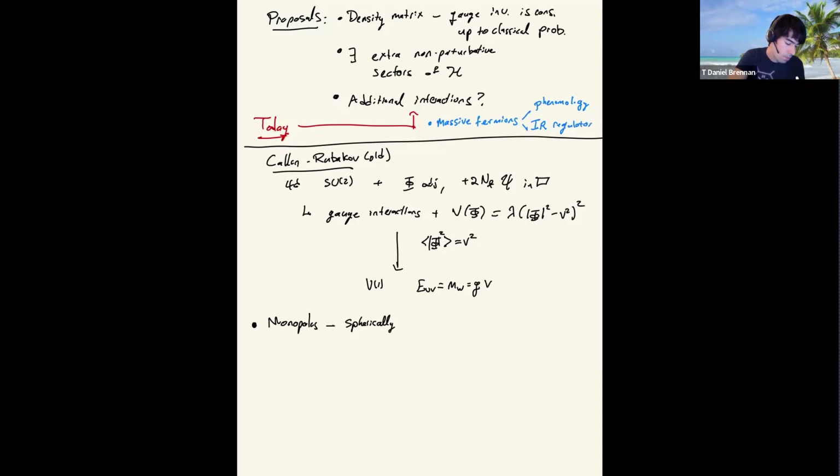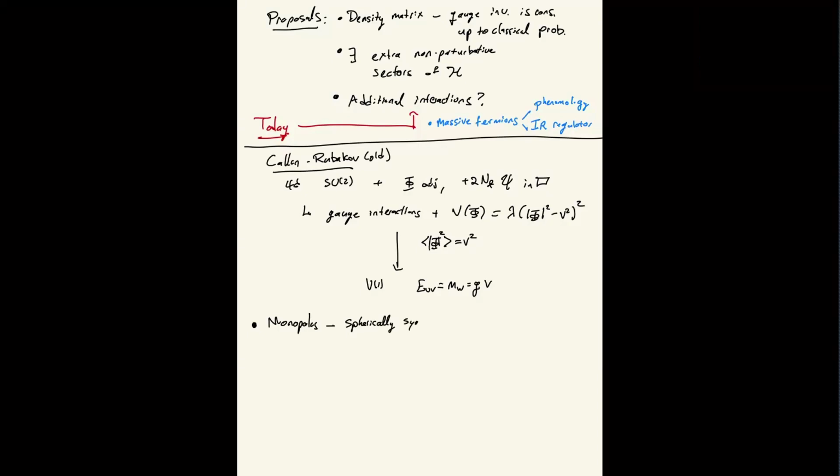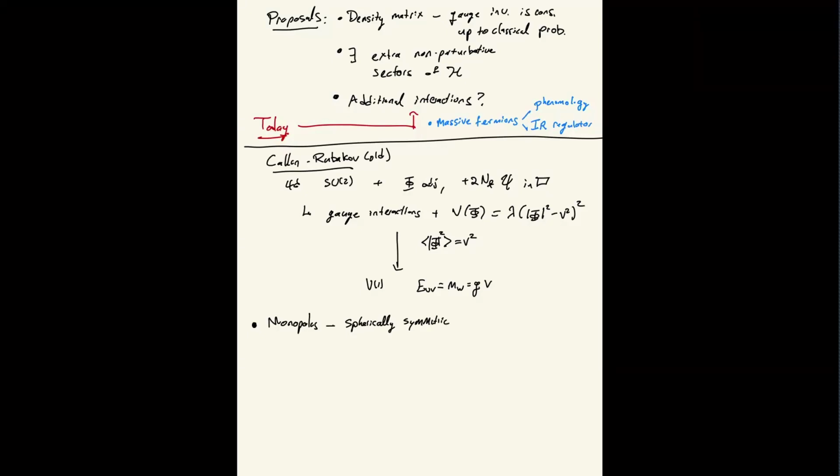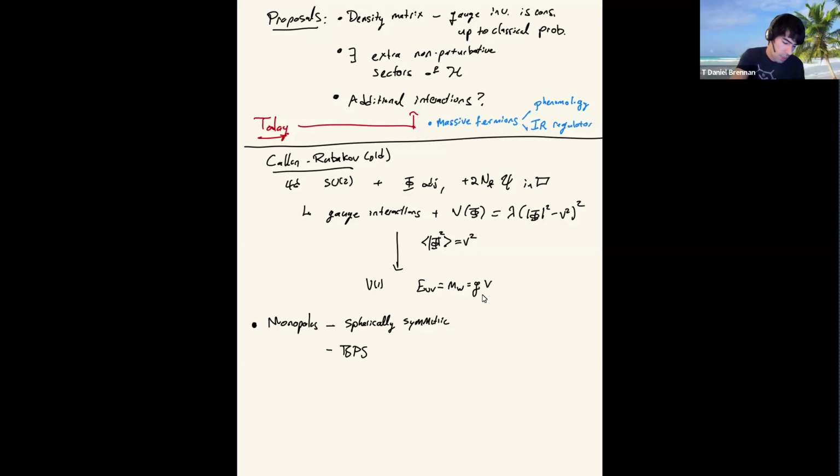And BPS. Could I ask a few basic questions? Yes, please. There's a strong coupling scale for the SU(2), there's the VEV scale v, and there's the mass scale for the fermions. How are these related? I'm taking the VEV scale to be much higher than the confinement scale, which we sometimes call Lambda QCD.